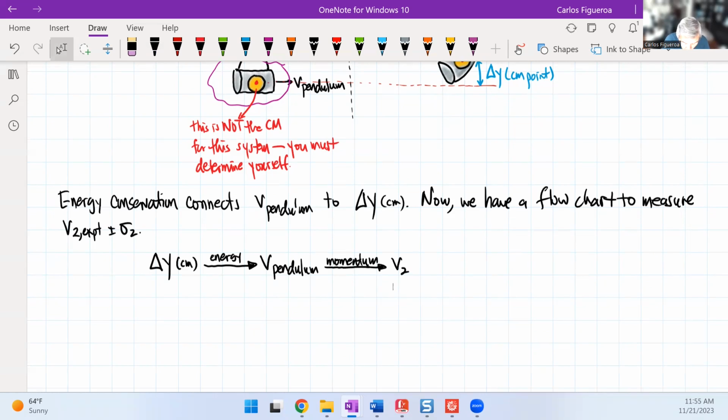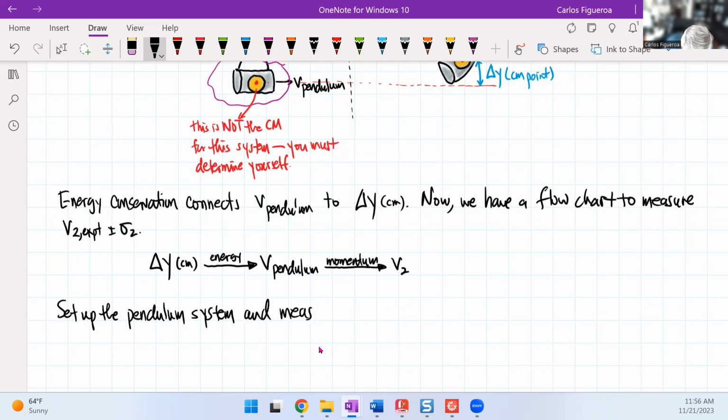So now what you want to do in this last part of the lab is set up the pendulum system and make height measurements.